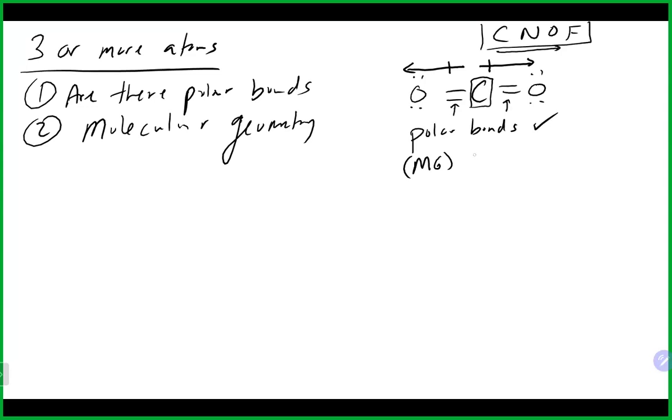Again, everybody counts as 1. And in terms of bonds, 1 bond, 2 bonds. So as we just talked about, something with 2 electron pairs and 2 bonds has a molecular geometry of linear, 180 degrees apart from each other.